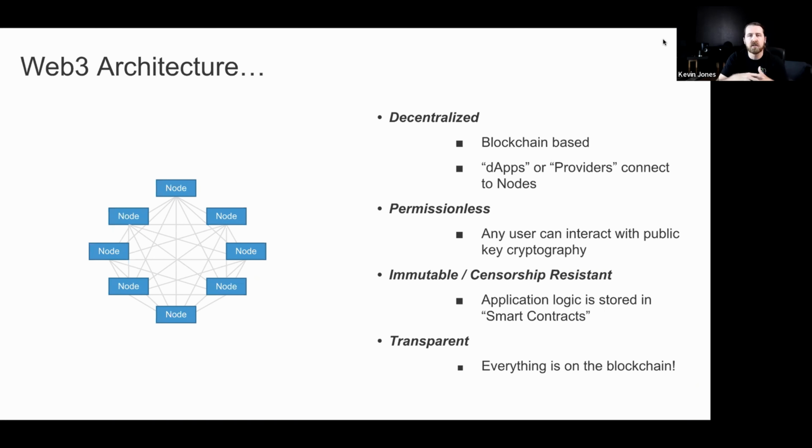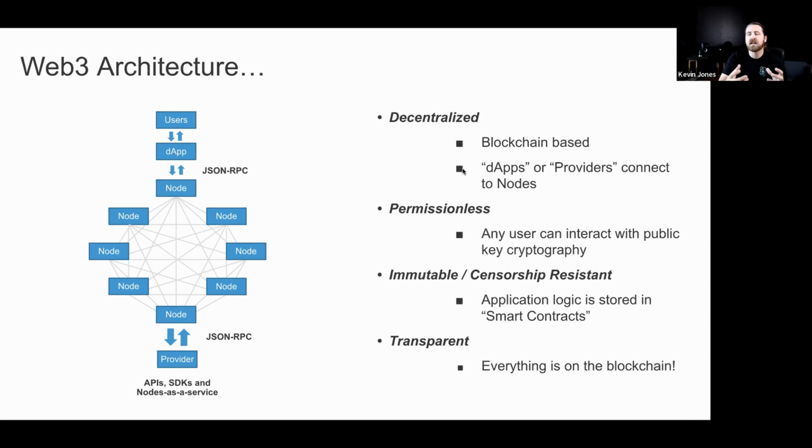So on a blockchain or some kind of decentralized network, where you have particular nodes or providers that connect to the network. That is your entry point into the network. If you don't have your own node running, you can contact a provider like Infura or Alchemy, create an API key, and get access to the blockchain that way.